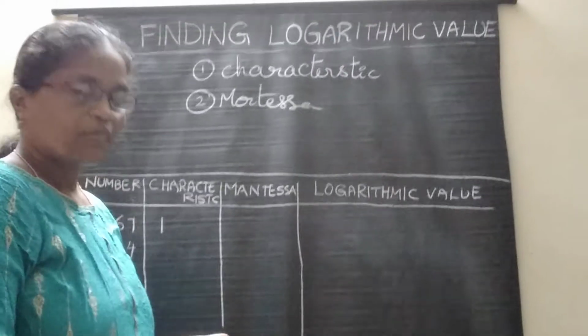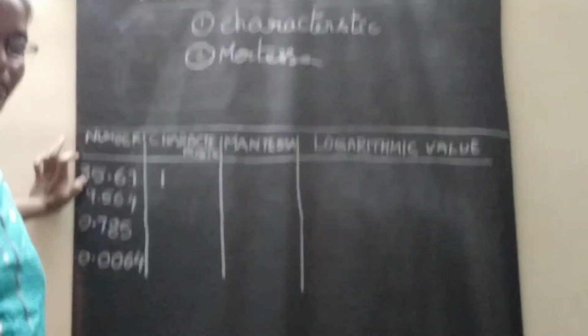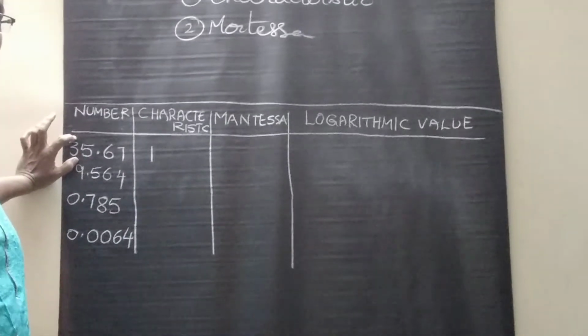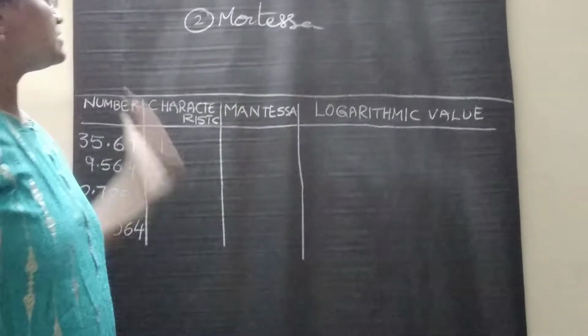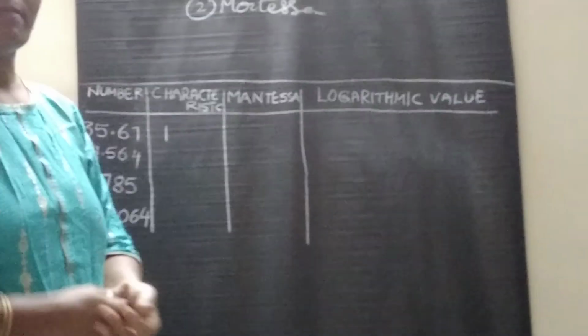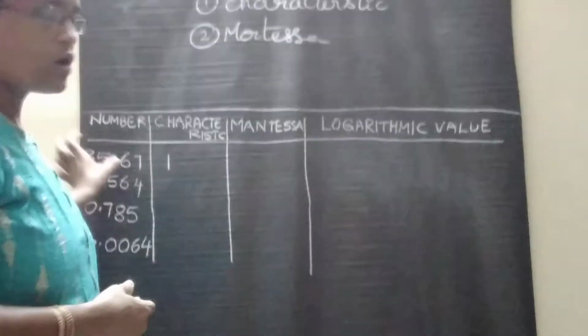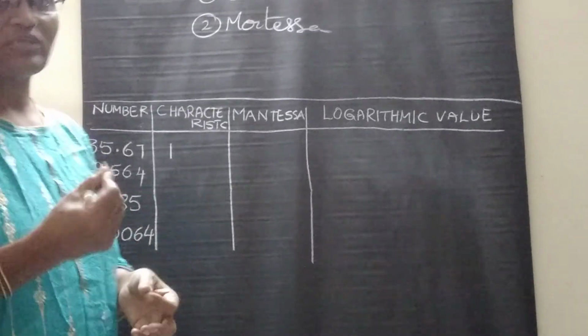See here, I am finding the logarithm of the value 35.67 first. To find the characteristic and mantissa of a logarithmic value, we have a certain process.